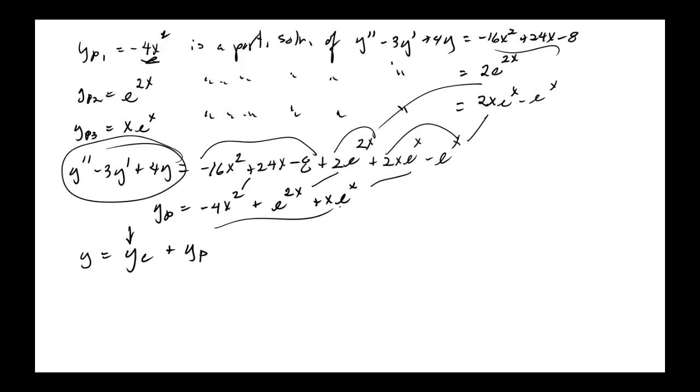Now, what if this equation here had some arbitrary constant in front of it? Then your particular solution that corresponds to that would have a constant in front of it. But it must be the same constant that was in front of that right here. Okay? And the same thing here.